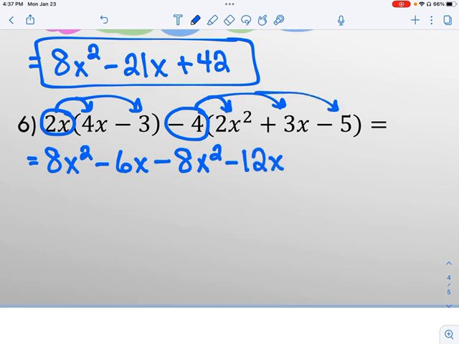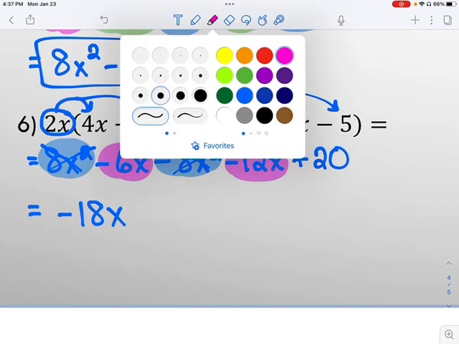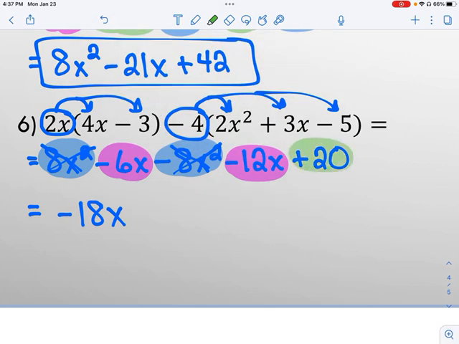And then negative 4 times negative 5 gives me a positive 20. Now I look for like terms. I have 8x squared and a negative 8x squared, and those cancel with each other. Then I have a negative 6x and a negative 12x, which gives me negative 18x. And then I notice I have this positive 20, with nothing alike to it, so it's just going to be plus 20.